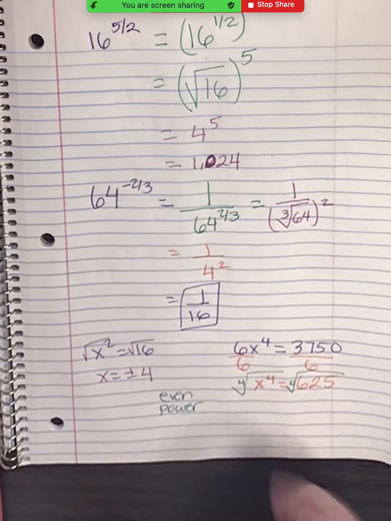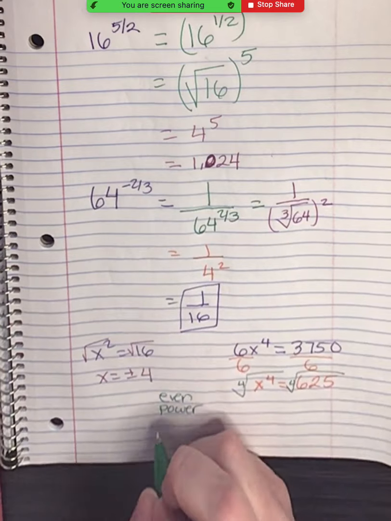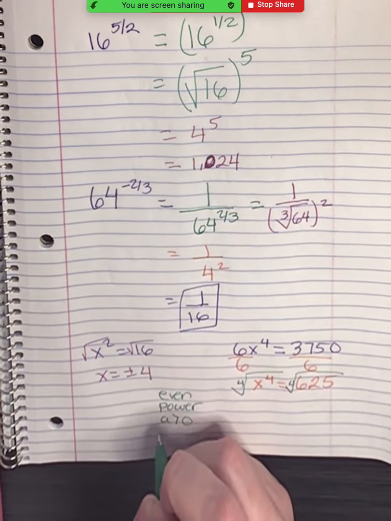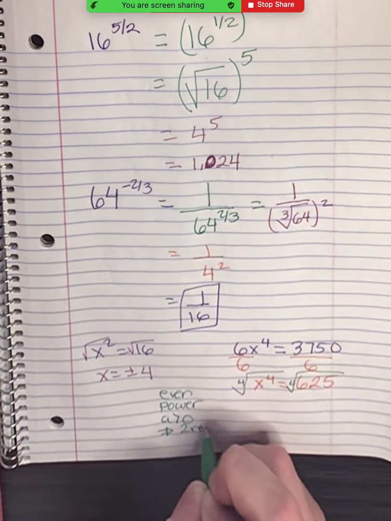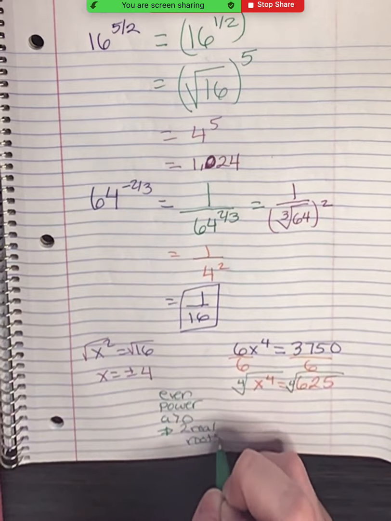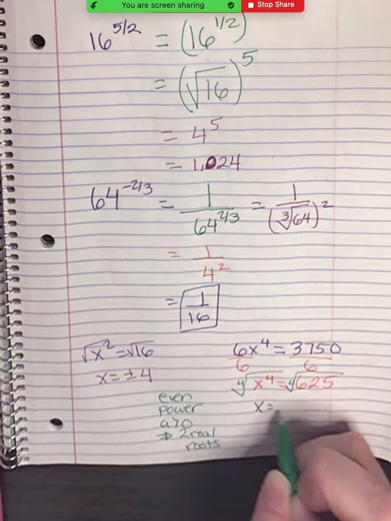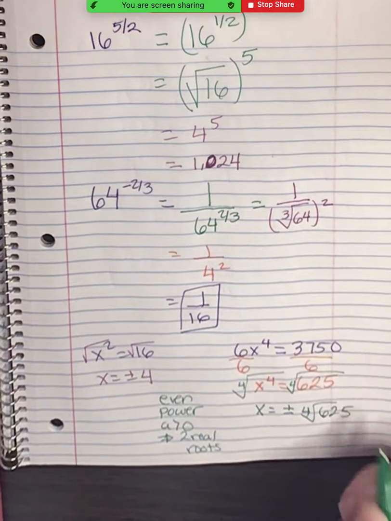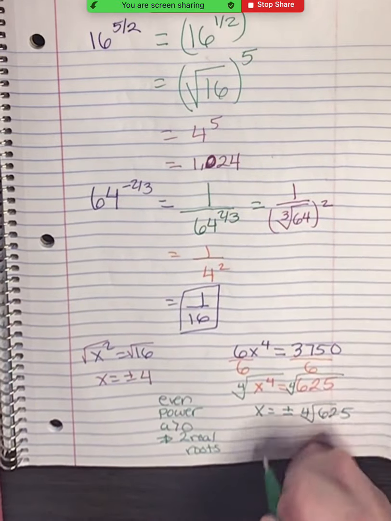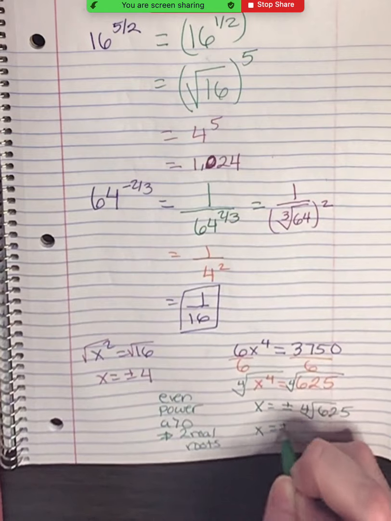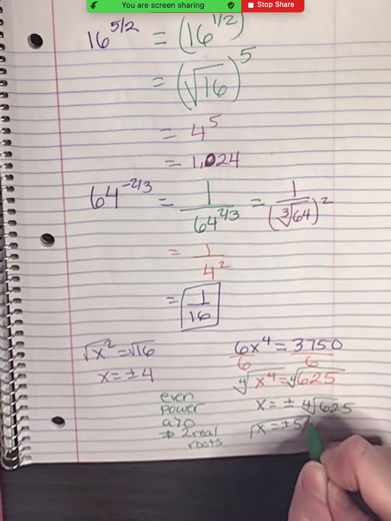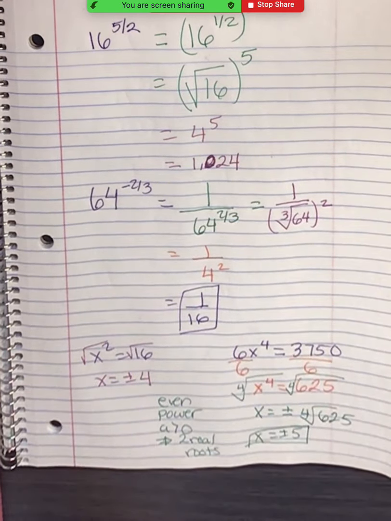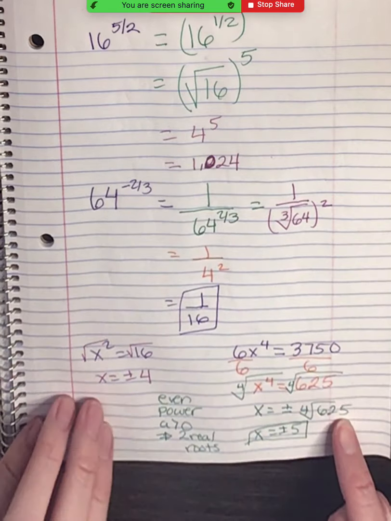The number I'm taking the root of is positive, so there are going to be 2 real roots. Okay? That tells us x is going to be plus or minus the 4th root of 625, which is 5. So we get x equals plus or minus 5. What number times itself 4 times is going to give you 625? Okay, that's how I got 5.